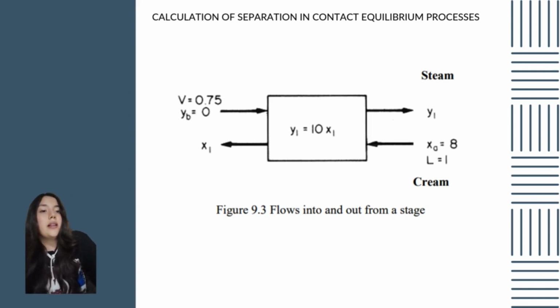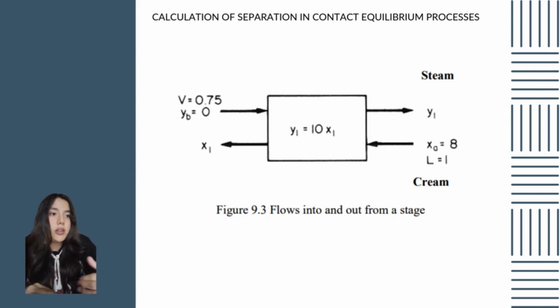The second principle is the operation relationship, which looks at the flow rate of the two phases. Here, for every kilogram of the cream that passes through the system, 0.75 kilograms of the vapor are used. These two principles, equilibrium and flow rate, are essential to calculate how much impurity remains at the end of the process.